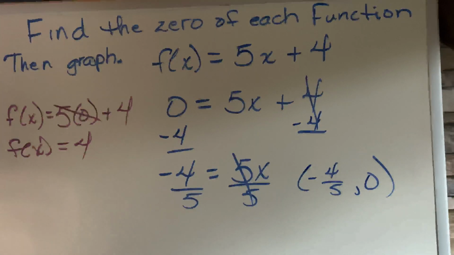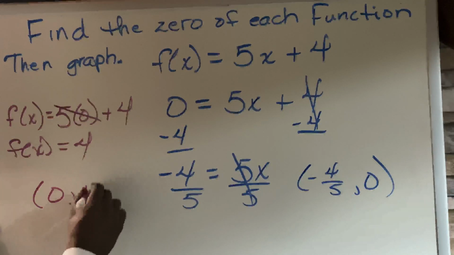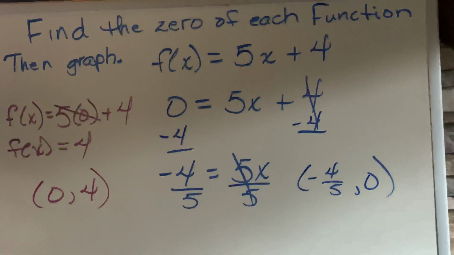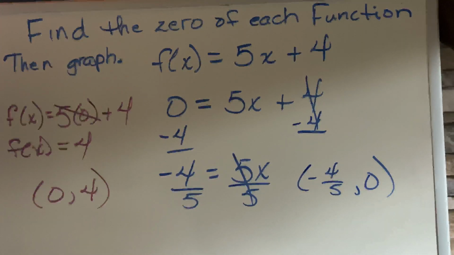So the other ordered pair would be 0, 4. So x sub 1 and y sub 1, x sub 2 and y sub 2.